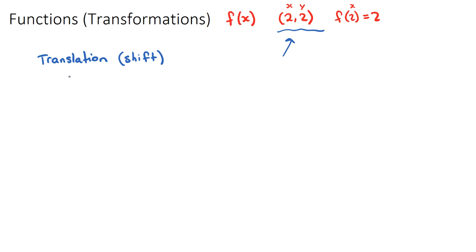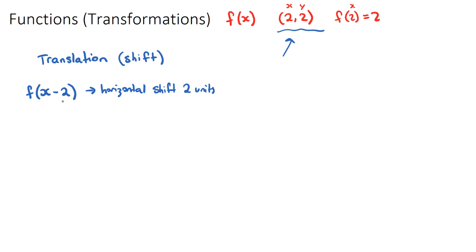So the way we can express our shifts and translations is f(x). Now I'm going to put a horizontal shift in here, so f(x - 2). What this means is a horizontal translation or shift of 2 units, because it's 2 here, and this is actually 2 units to the right.